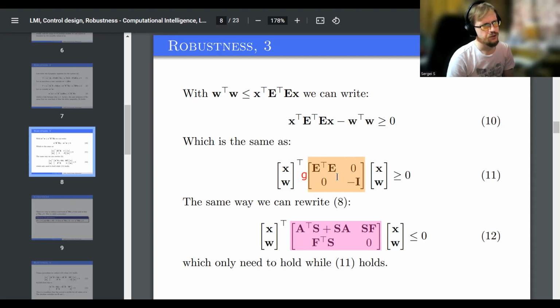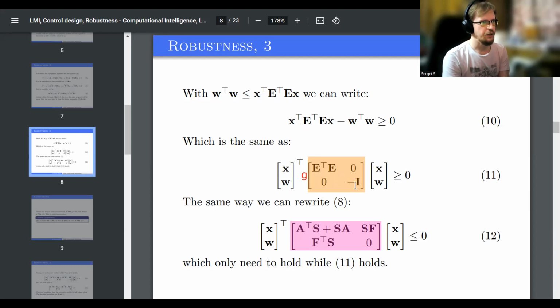Let me just double check. I think it should be positive, but now I have fear because this doesn't look to be positive, so definitely this minus is scaling. We'll double check the minus sign here.